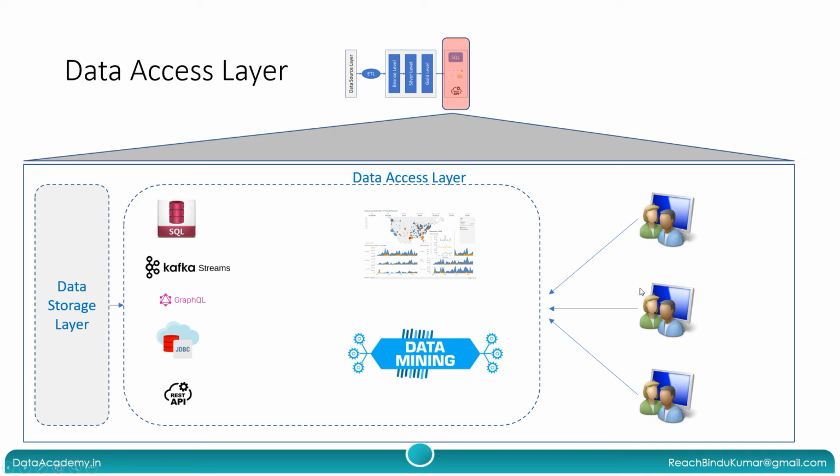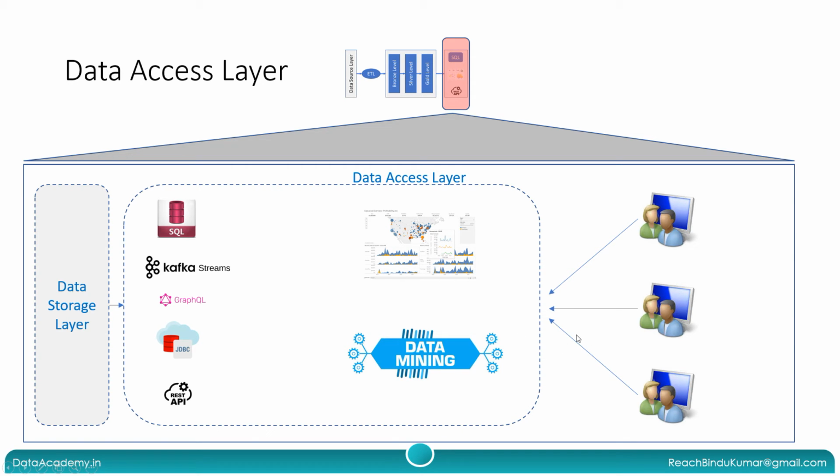Are your consumers mature enough to use GraphQL? Do they know how Kafka streams work, and so on? So it's a multi-factor decision where you need to look at the data storage, the users, and your infrastructure, and then come up with a data access layer.